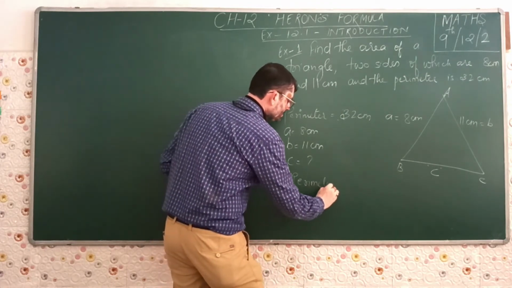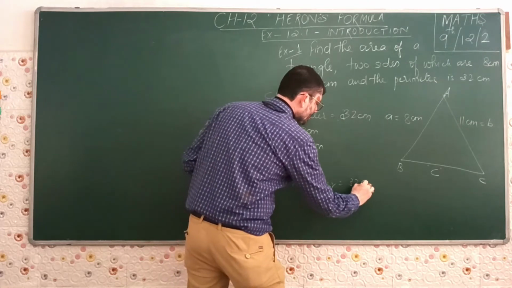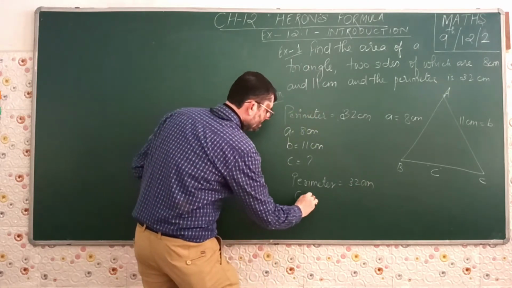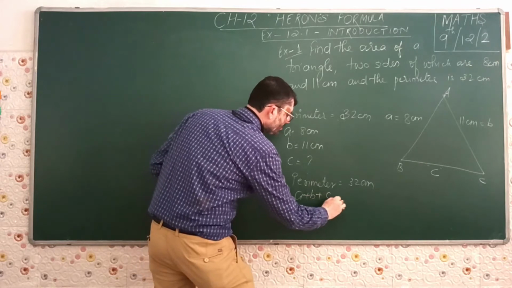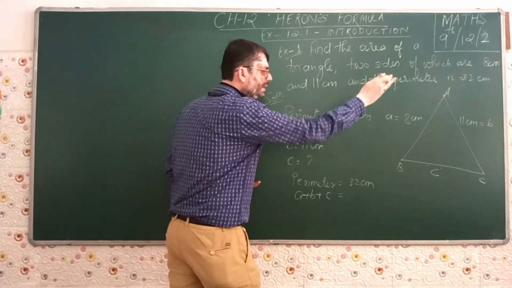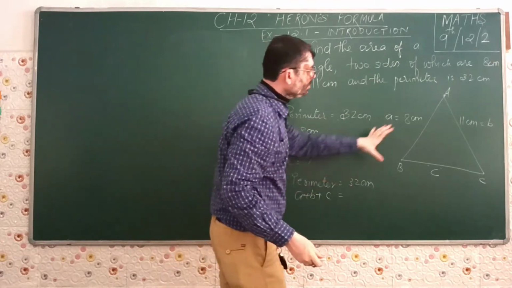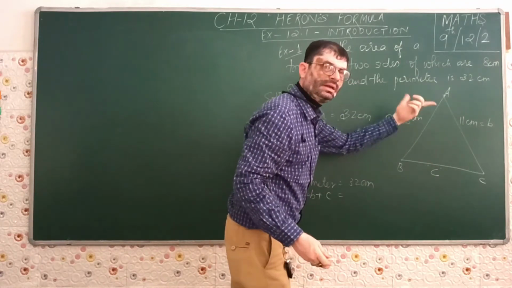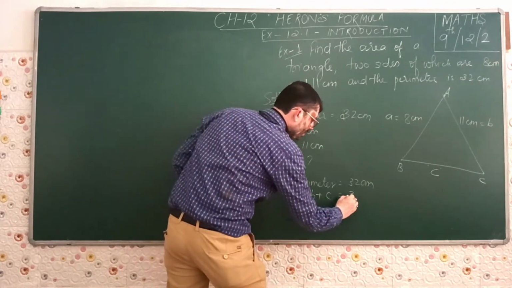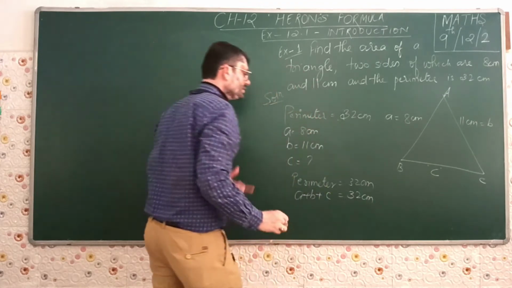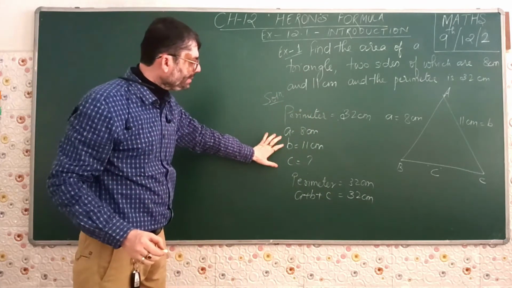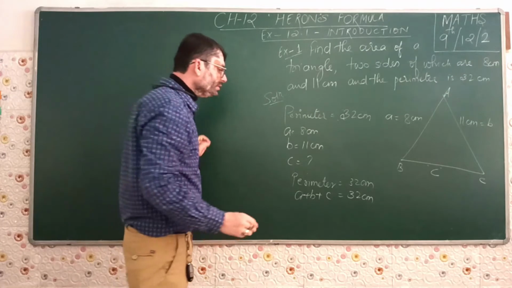Perimeter is given to us as 32 centimeters, and we know the perimeter is equal to the sum of all the three sides, that is A plus B plus C. You can also write AB plus BC plus AC, that is up to you. Substituting the values of A and B, we can get the value of C.